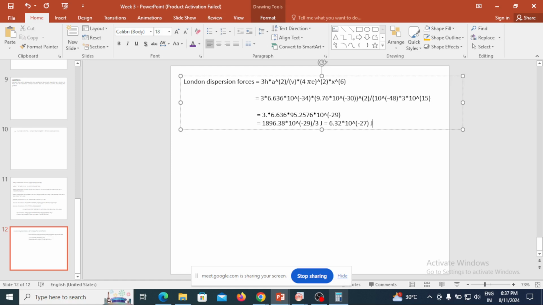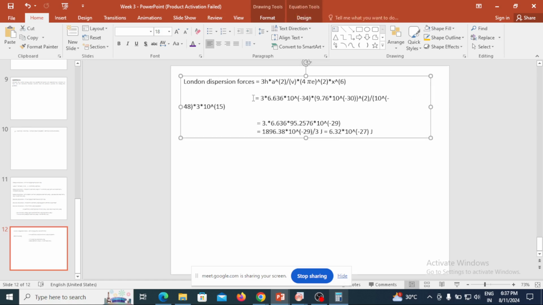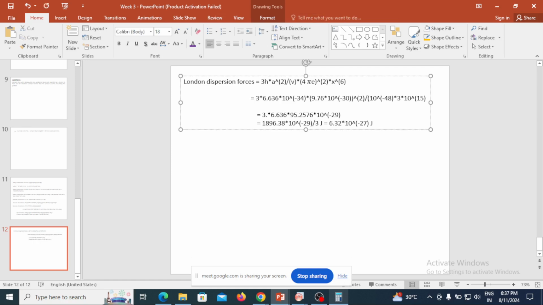So this is your London dispersion force value, but you can see, the reason why I told this is it's a simple substitution, but at the same time you are prone to make many mistakes here because of the larger number of variables, and each variable having some 10 power minus some value as its exponent.